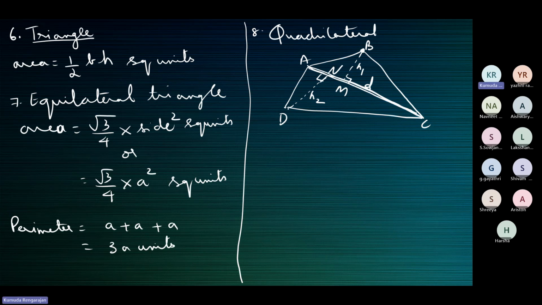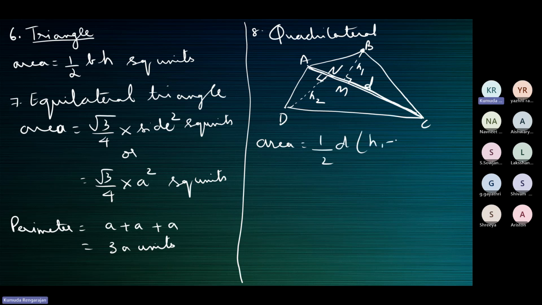You can see there's a perpendicular from D on AC. DN. BM and DN are perpendiculars from the opposite vertices to the diagonal AC. Now, using all this, the formula to find the area of the quadrilateral is area is equal to half D into H1 plus H2 square units.